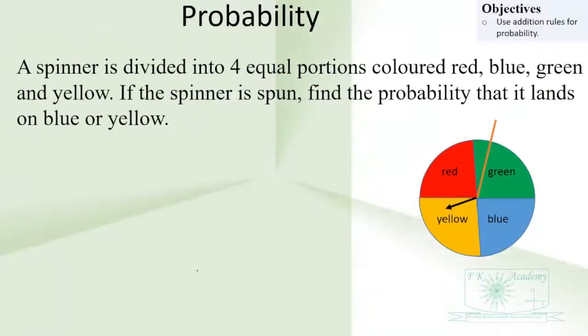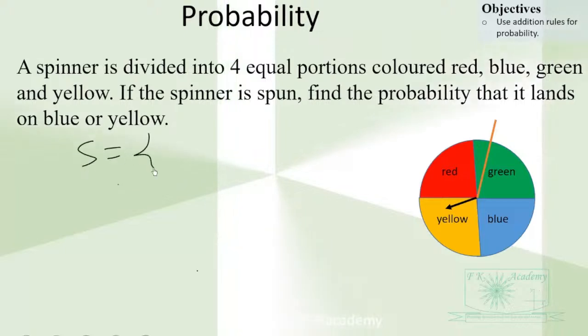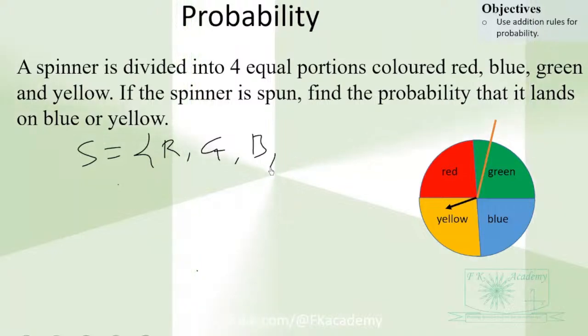We have another example here. A spinner is divided into 4 equal portions: colored red, blue, green, and yellow. If the spinner is spun, find the probability that it lands on blue or yellow. So we have the sample space: red, green, blue, yellow.